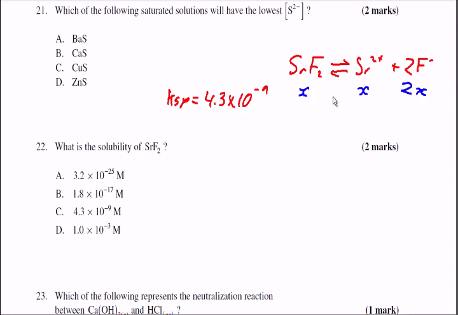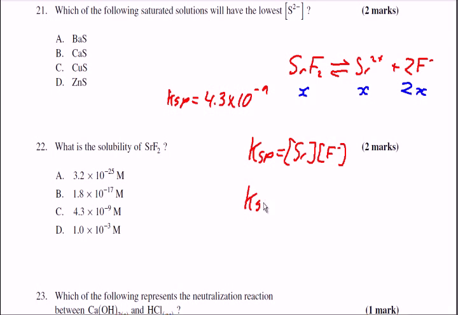Okay. Now, if I were to make a Ksp formula, Ksp would equal this times this. Now this has a 2 in front of it, so it would be squared, and therefore strontium times fluoride squared. And then let's replace these values in here.